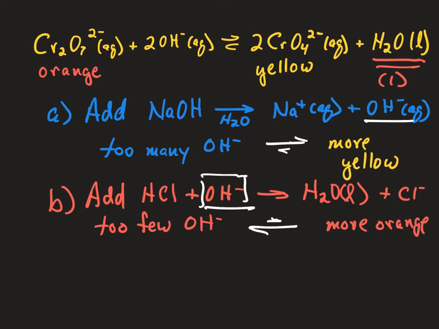And so we could see the effect of changing those concentrations of hydroxide ions in those ways, even though we never affected directly the concentrations of the chromium species by adding or subtracting those compounds. So there's an effect of Le Chatelier's principle.